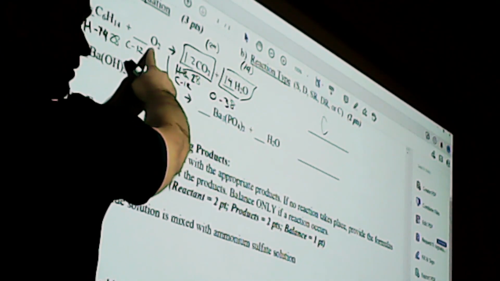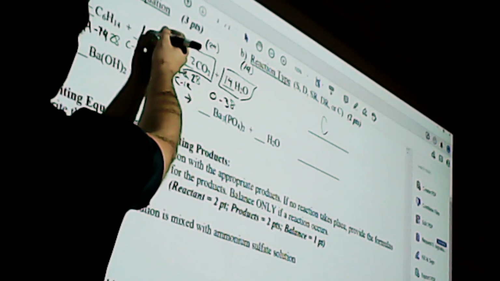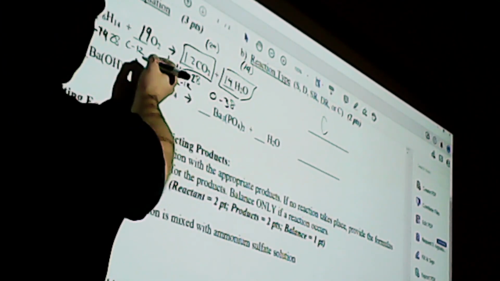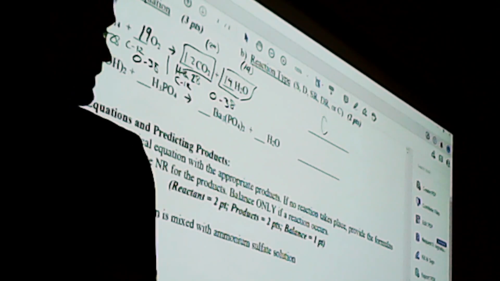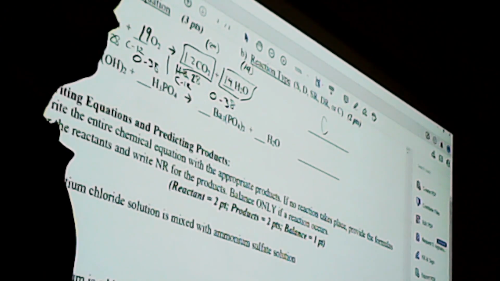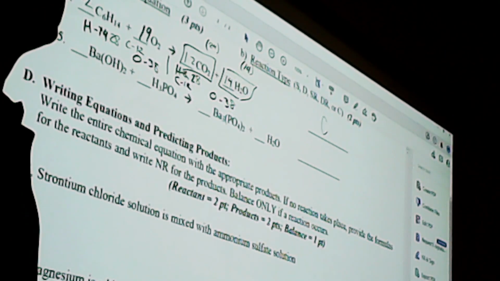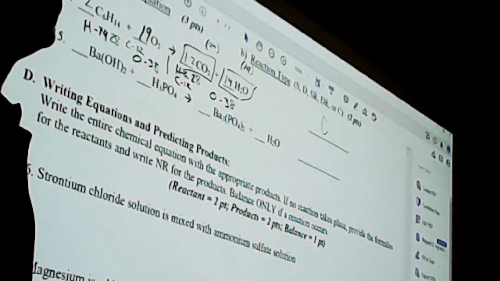How do I get 38 oxygens here? 19. 19 times 2, 38. That's different than 19. I just forgot the one.